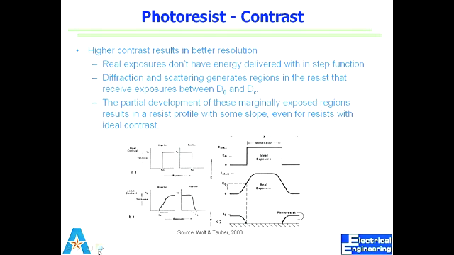So this is what we call ideal, and this is what we actually get in the case of negative resist, and in the case of positive resist. Our walls are much steeper in the case of positive resist than what we get from negative resist.